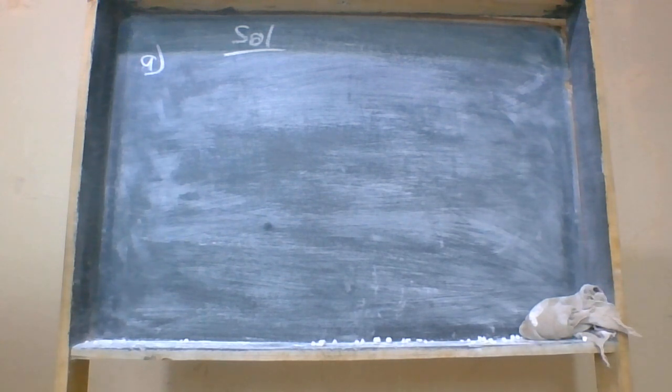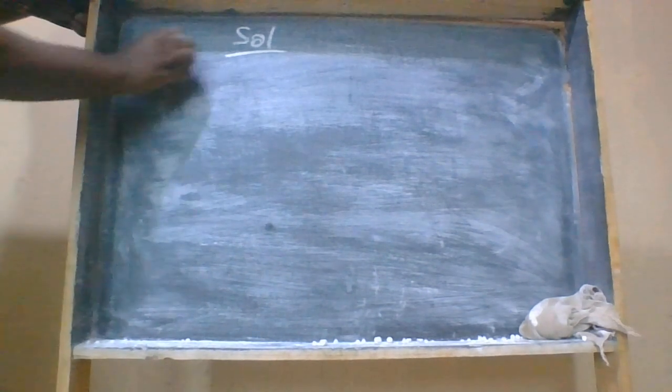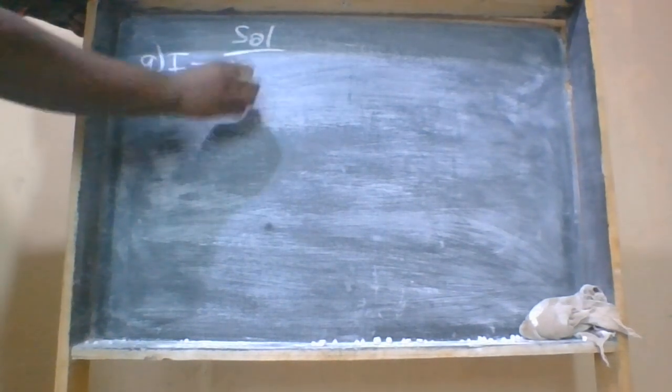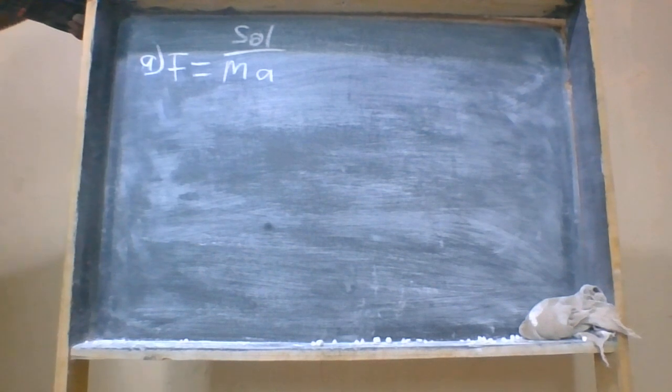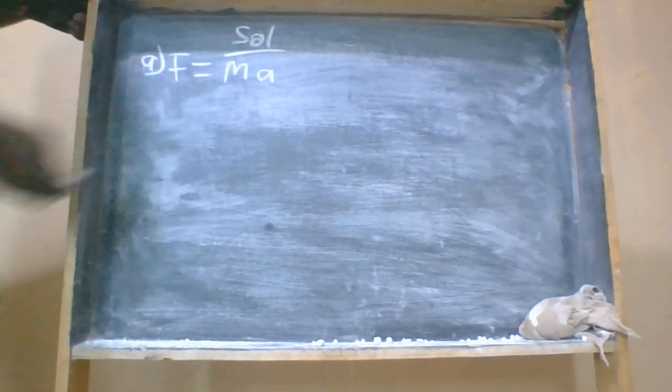Calculate the acceleration of the locomotive. Now, in this case, we know that the formula force is equal to mass times acceleration.